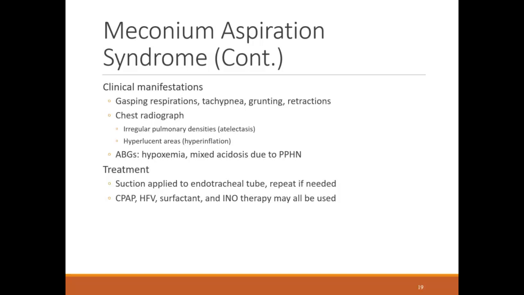Remember, nitric oxide is a vasodilator. We mentioned that meconium aspiration could cause PPHN. So if you suspect PPHN with your meconium aspiration, you would want to start nitric oxide. That's going to dilate the pulmonary vasculature, decrease your PVR, increase perfusion to the lung tissue, and improve gas exchange.